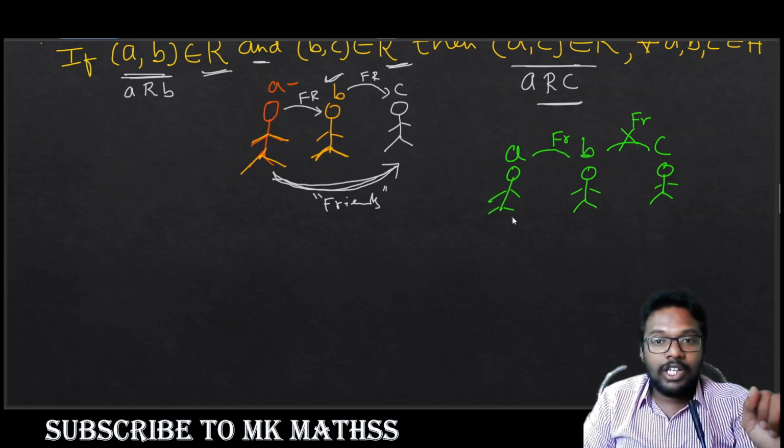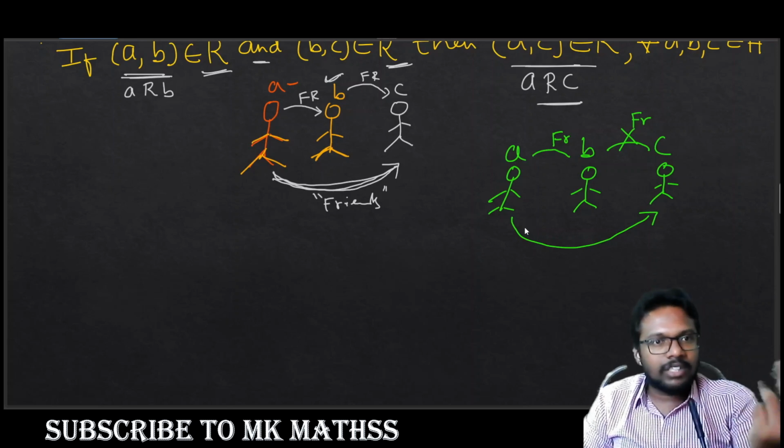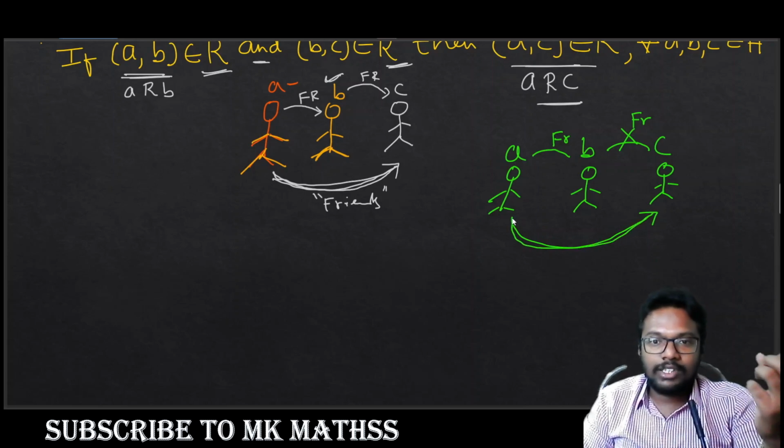Then we cannot say that A and C are not friends, because they may be friends. When we can't decide that A and C are not friends, then we have to accept this is a transitive relation.